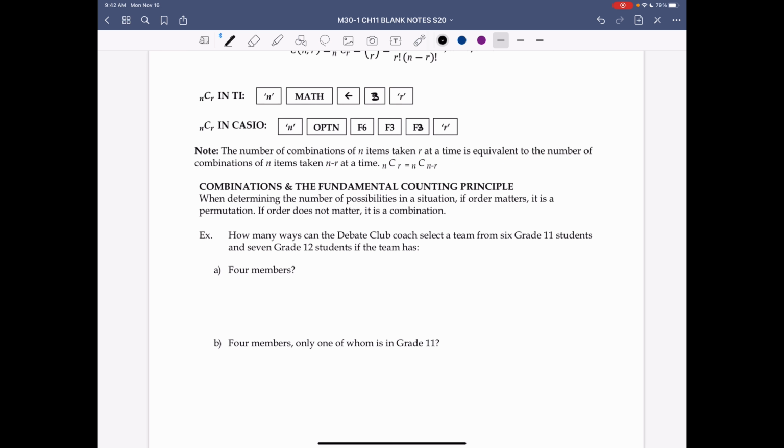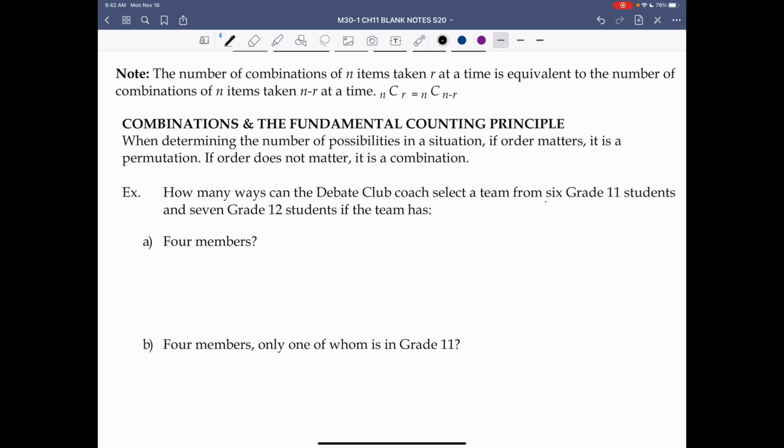So we have 6 grade 11 students that we're choosing from and 7 grade 12 students that we're choosing from. So our total students would be 6 plus 7, which is 13 students total. And we are choosing 4 of them.